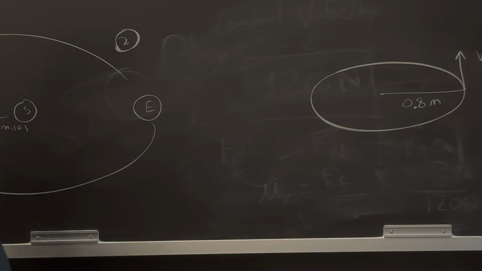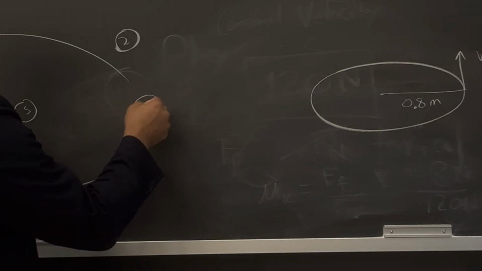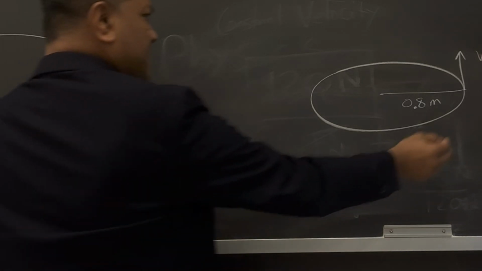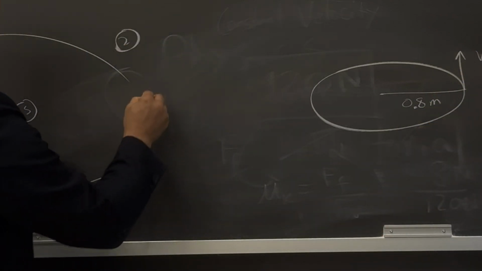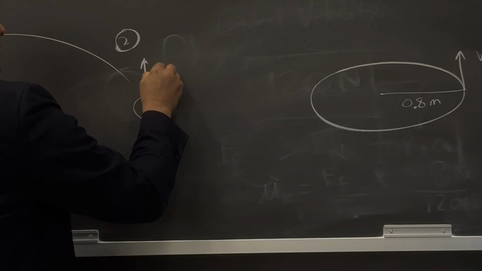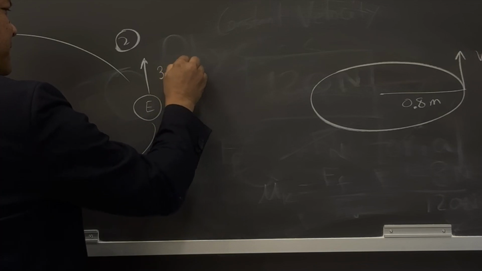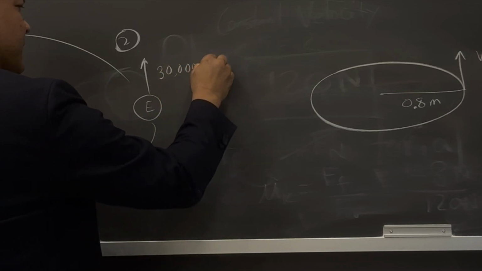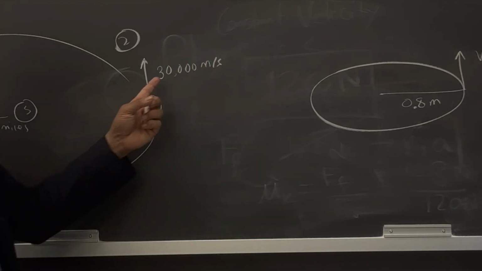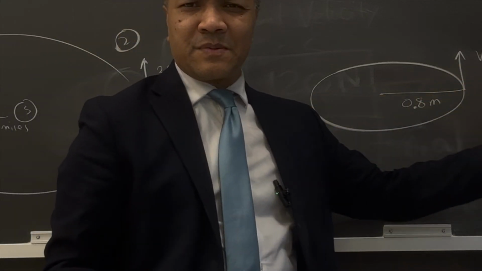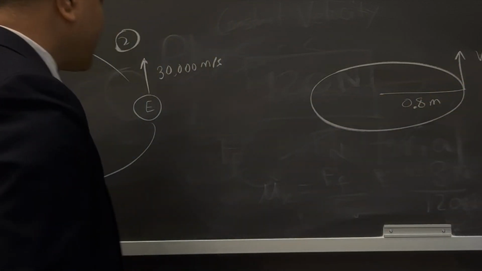Nothing. The earth moves a little faster. The speed is a little bit bigger. How much? 30,000 meters per second. Is there any difference between 30,000 meters per second and 6 meters per second? No.